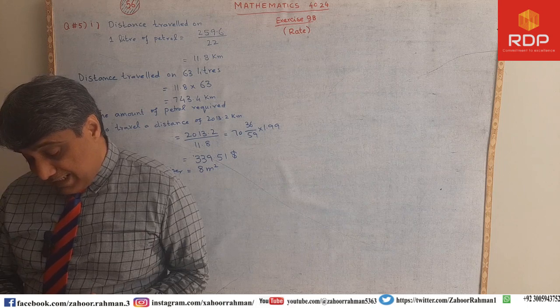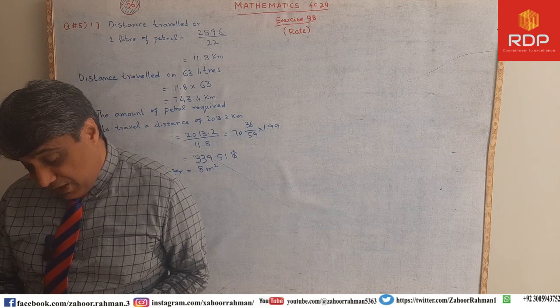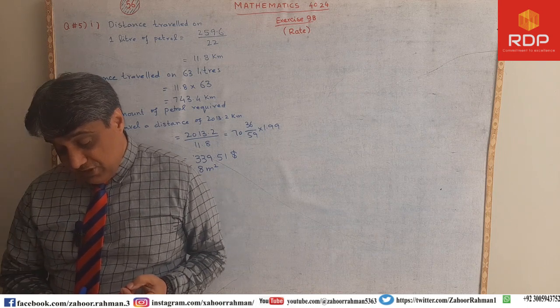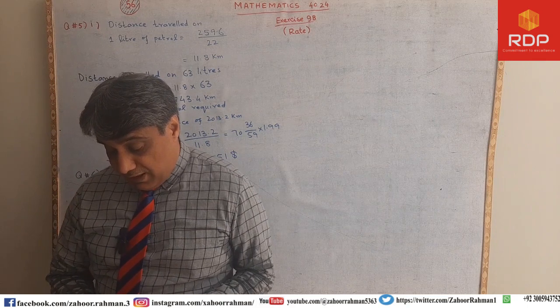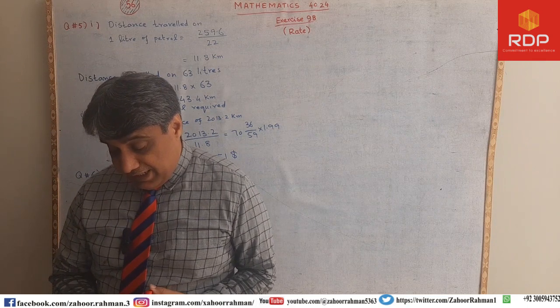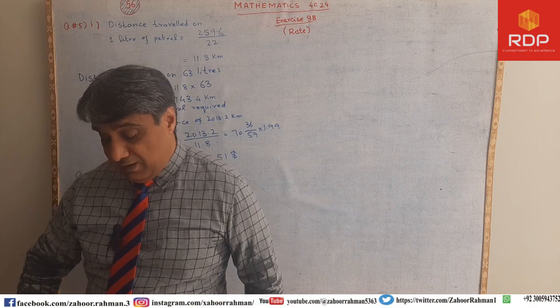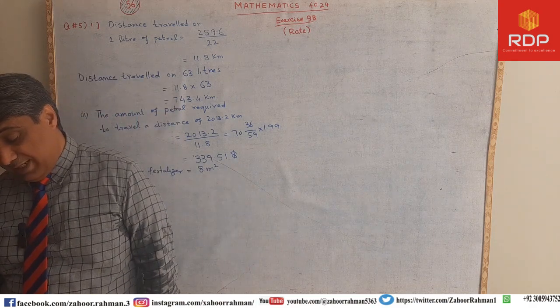So what they are asking, find the amount of fertilizer needed for a plot of land that has an area of 14 meters square.